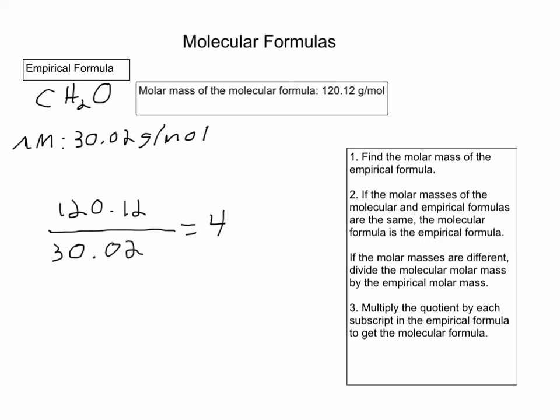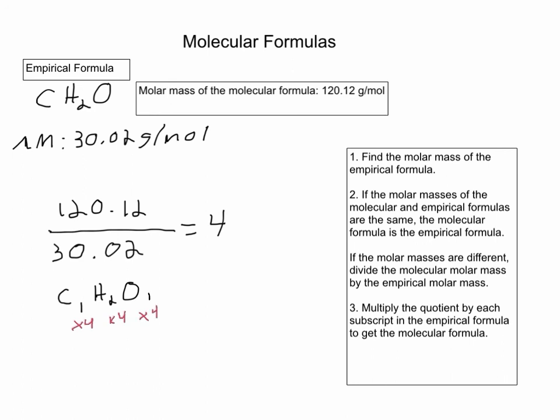Let's do that. So we have the number 4. So I'll rewrite this compound actually. So the empirical is C1H2O. And the number I have to multiply by is 4. So I'll write times 4, times 4, times 4.